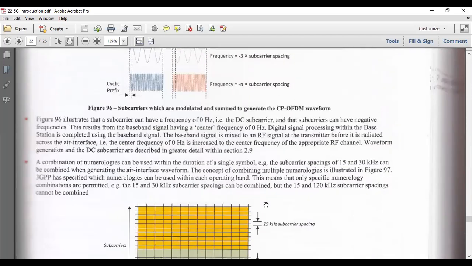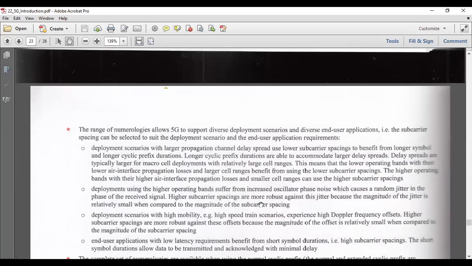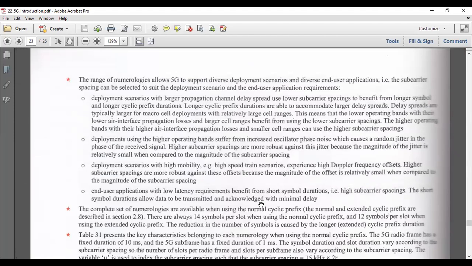Then why do you have all these options? Well, it's because the environment has different types of multipath propagation properties. If you suit your environment, then it's better.